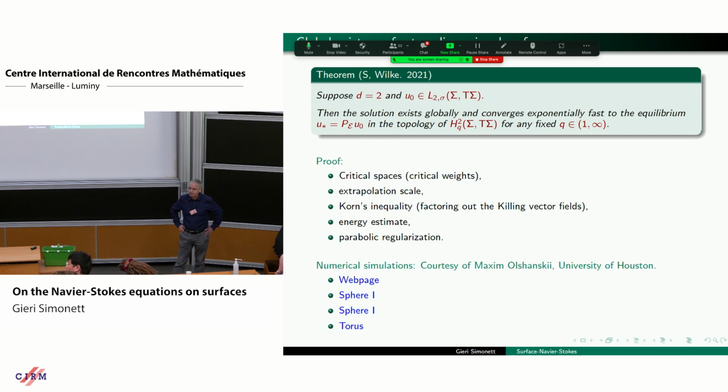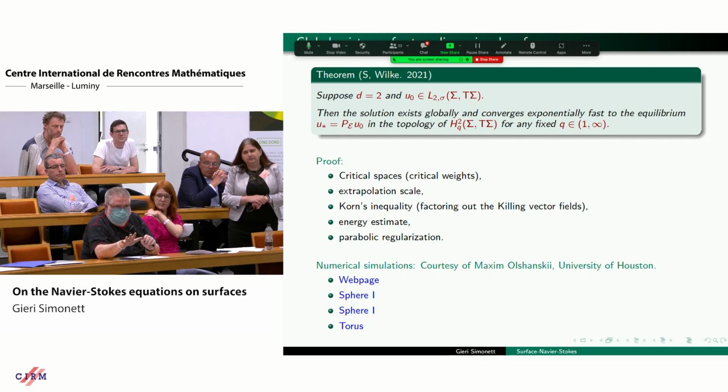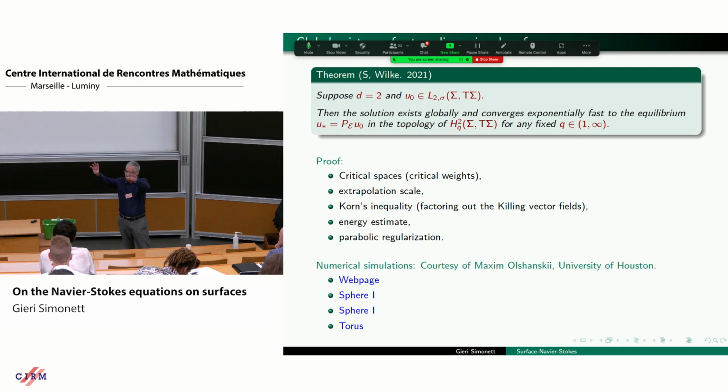So the question is, if you look at initial data, and here I'm thinking about the 2D sphere case, you can project it into the Killing field space. Is that projection conserved? Not in general, right? If you start outside, then you can project down.